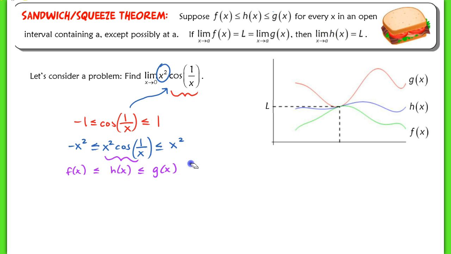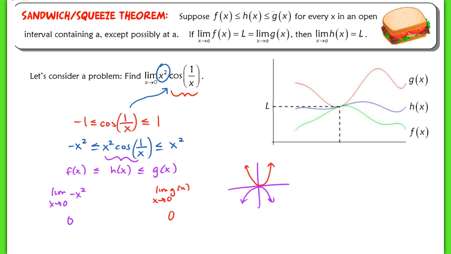So in this case, the limit as x approaches 0 of f of x, which I'll replace as negative x squared here, that value is 0, because if you were to graph this too, you can see the limit is 0 here. Now for the limit of g of x as x approaches 0, this will also equal 0.